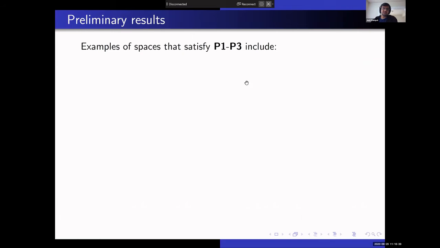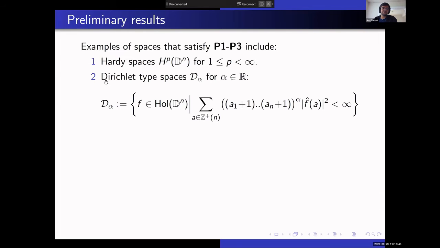Examples of spaces include the Hardy space, as we discussed before. We also have the Dirichlet type spaces, which are given by the set of all functions that are analytic on the unit polydisk that satisfy this nice weighted little l2 condition on the Fourier coefficients.